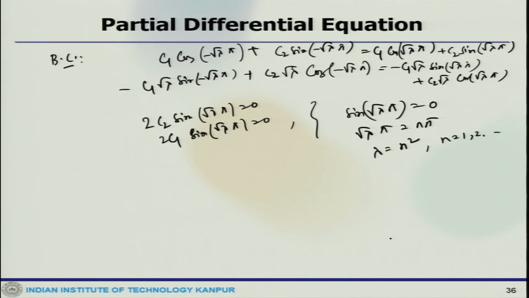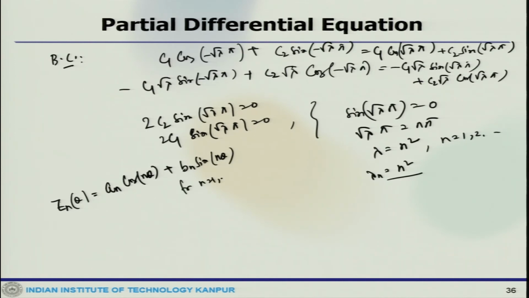So, the positive eigenvalues are lambda n equals n square, and the corresponding eigenfunction z n theta would be a n cos n theta plus b n sin n theta for n equals 1, 2, 3 and so on.